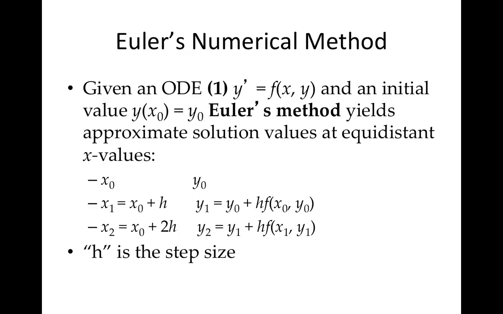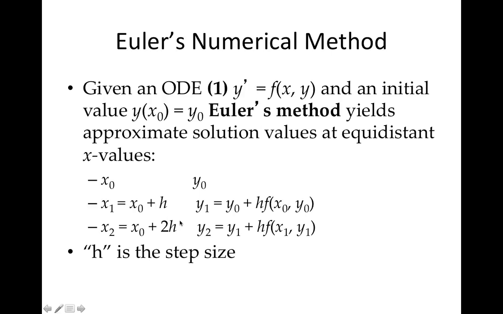For example, if our starting point is x sub 0, then our next point would be x sub 0 plus h, where h refers to a step size. And our point after that would be x sub 0 plus 2h. So we're stepping through values of x with known step sizes.